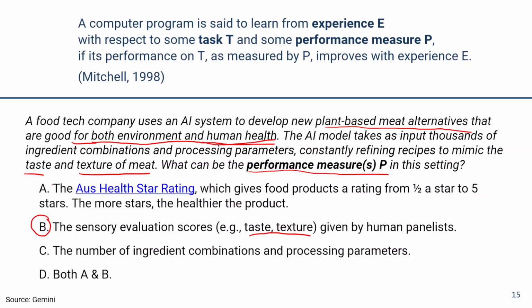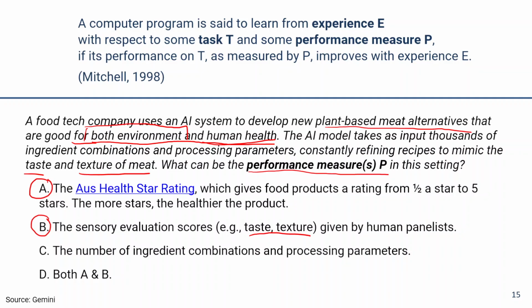So it's also a performance measure because you want that, so you need to measure that. So A and B. But here we still have the other one, environment. Maybe we need to have another performance measure for that. So it depends on your problem and your expectation, and we select the proper performance measure.